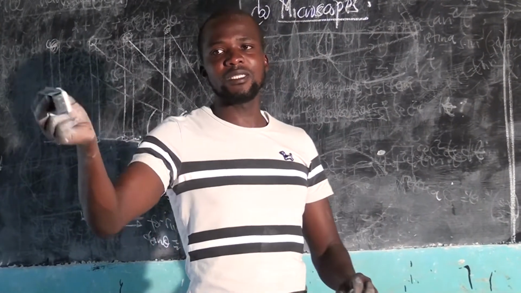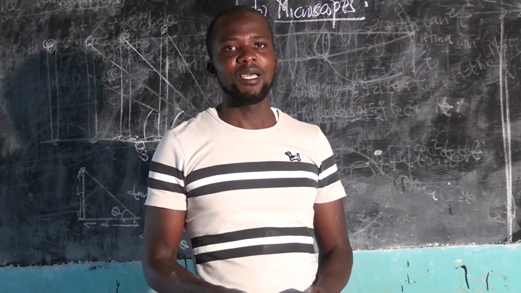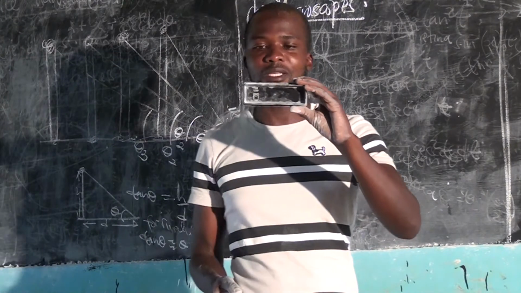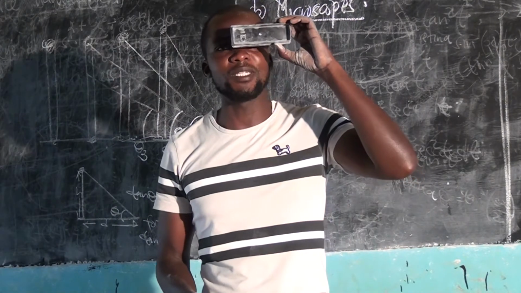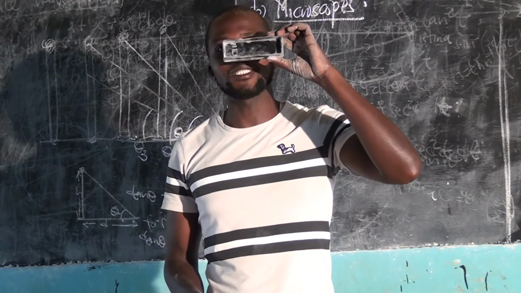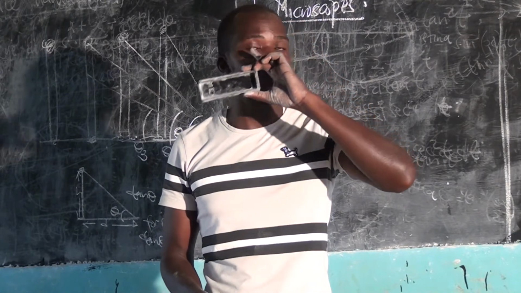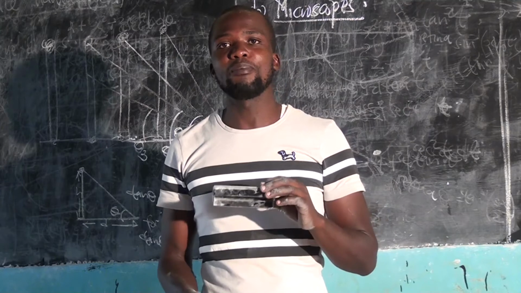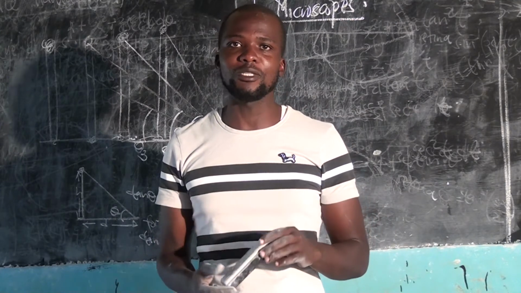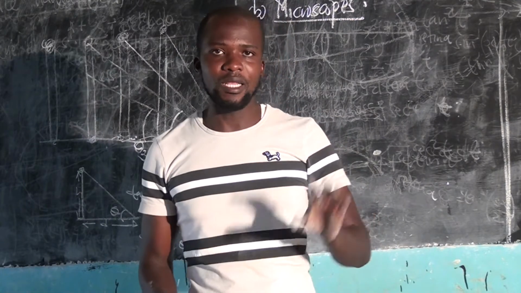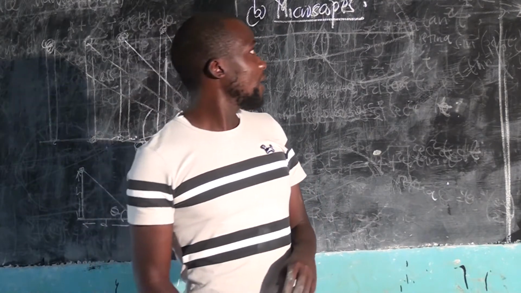Some student may ask about when I put it near here and the object cannot be seen clearly. Still, that becomes a far point. Any point beyond which the object's details cannot be seen clearly becomes a far point.